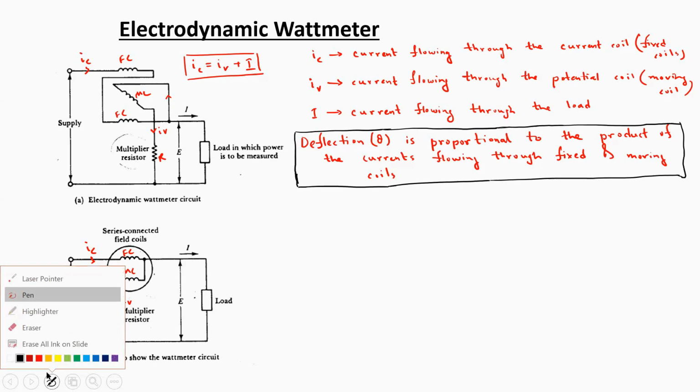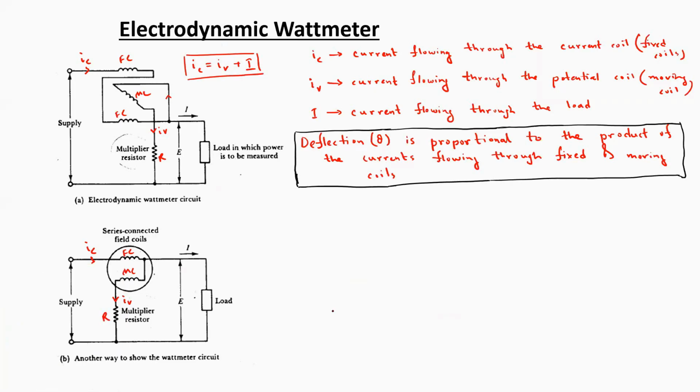Now, if the average deflection is considered over one time period, then it can be represented as theta equals K into 1 by T, integral from 0 to T, IC into IV into dt.